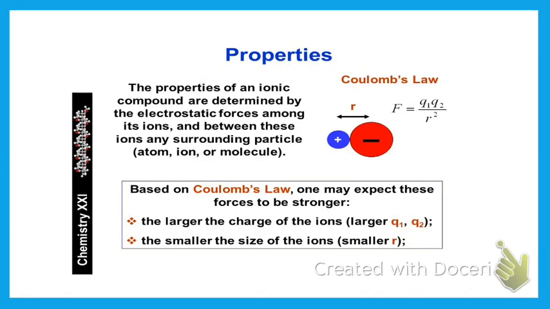So the things that are very small atoms or the things that are highly charged are going to be your stronger bonds. One of the days that I'm gone, you're going to do a POGIL on lattice energy and Coulombic attraction that will help walk you through that. But in a nutshell, larger charge or smaller size is going to affect the Coulombic attraction.